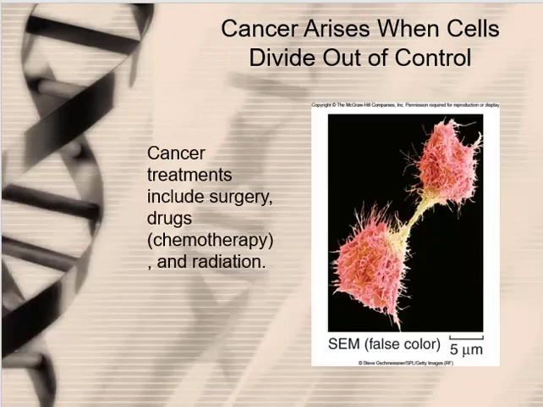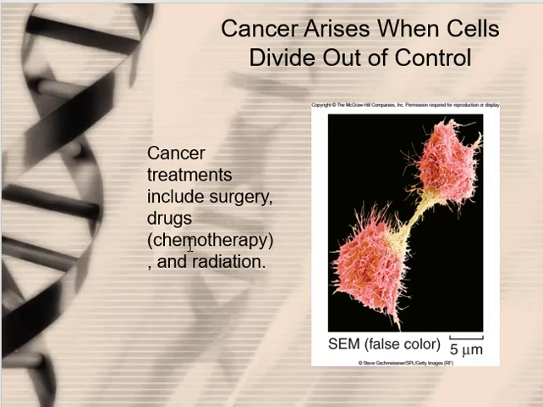Cancer treatments: they try to cut out the cancerous tissue. They can use chemotherapy. They can use radiation. Most of the chemos are not as bad as they were 20 or 30 years ago, but they're still pretty bad. And basically what chemotherapy is, it tries to kill the cancerous tissue. So does radiation.